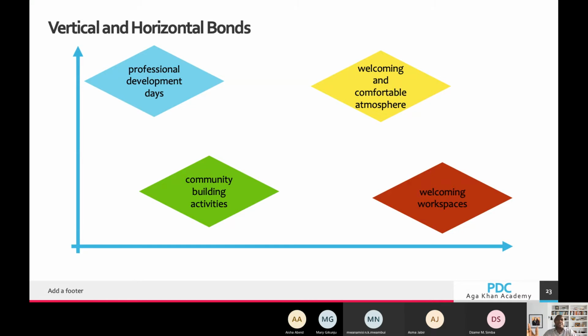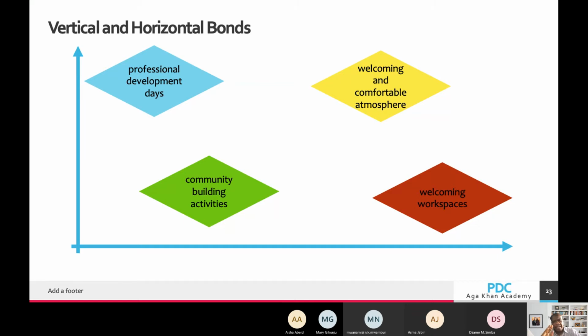When you're dealing with these bonds, it's important that you remember they are not static. Remember, they are built on trust. So based on how I solved a problem with a parent, or how I handled an issue with a teacher, or how I handle an issue with the students, there will be some things which will be changing.